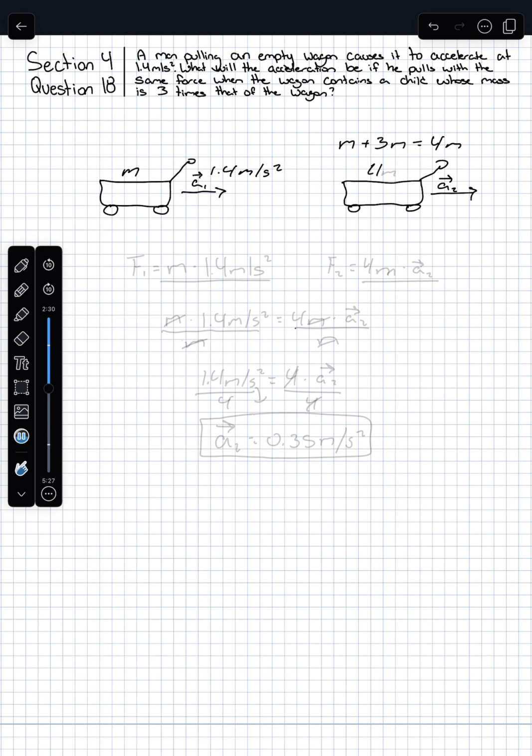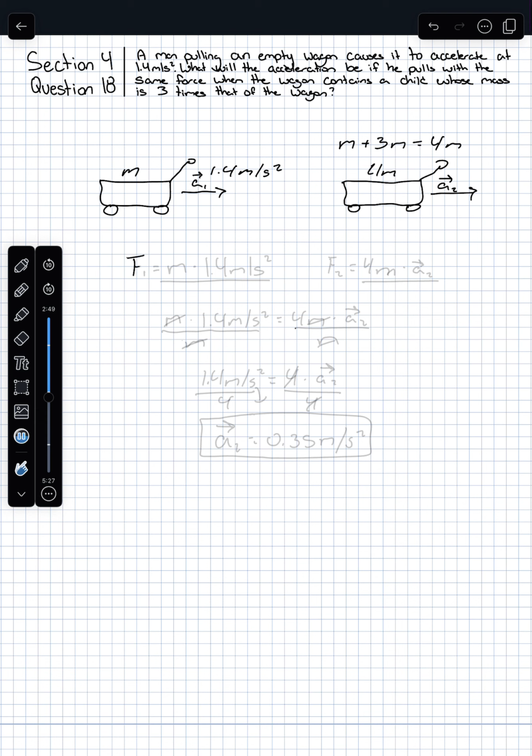So we know that this mass is 4 times that mass. And so now we just have to plug all of our known variables into the equations.